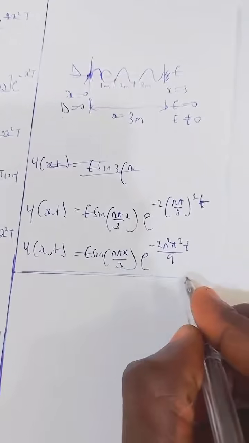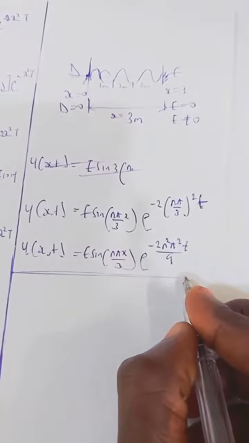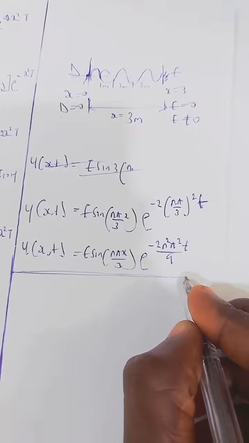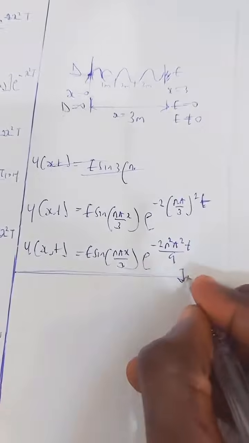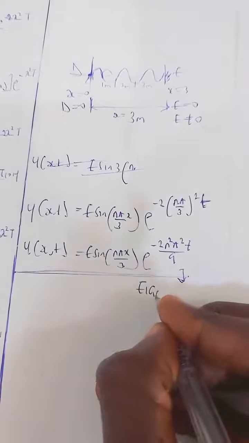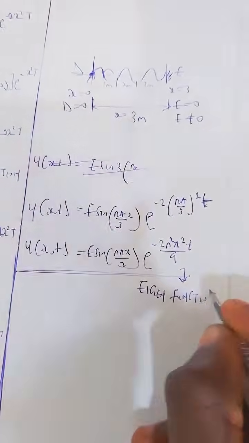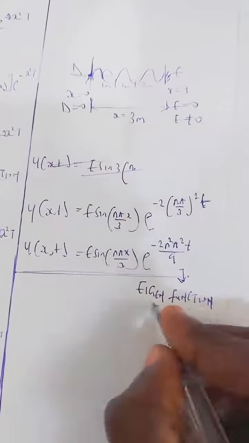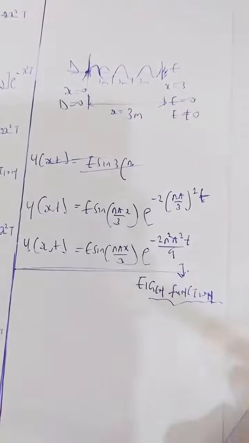If this is my general wave equation, I need to apply my initial condition given from the question. Take note that this is our eigenfunction. How the eigenfunction works is that you write a series solution for it.